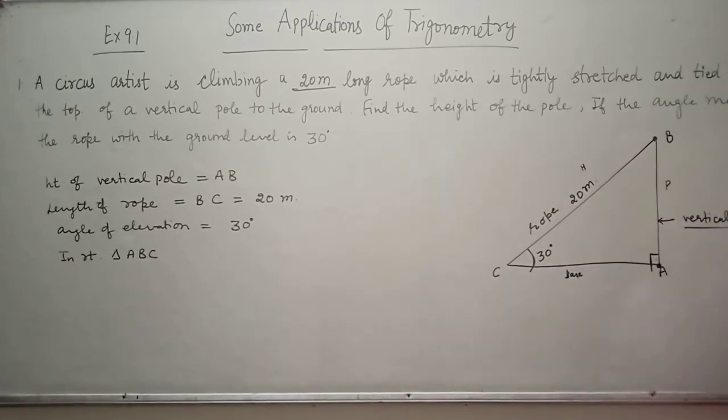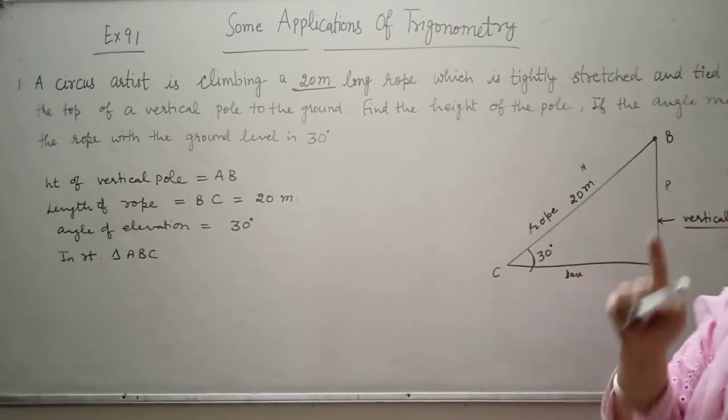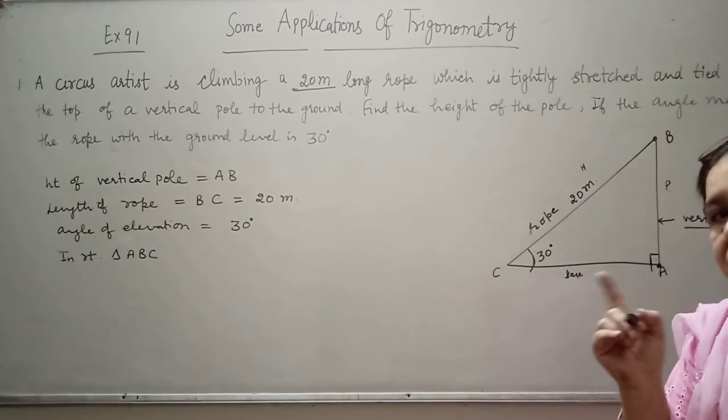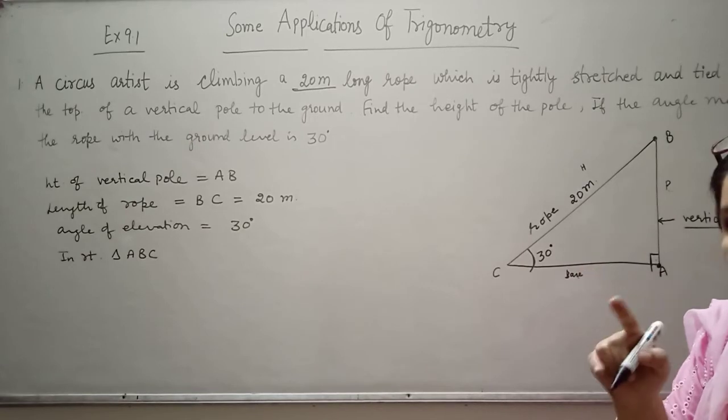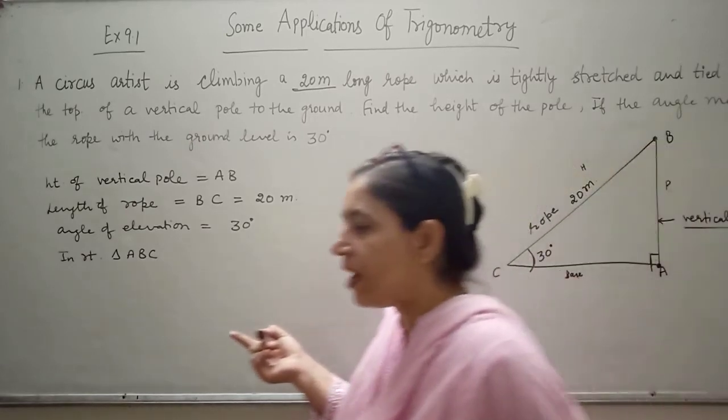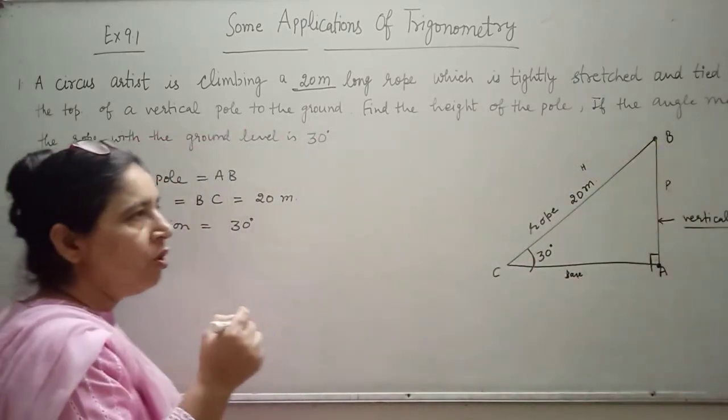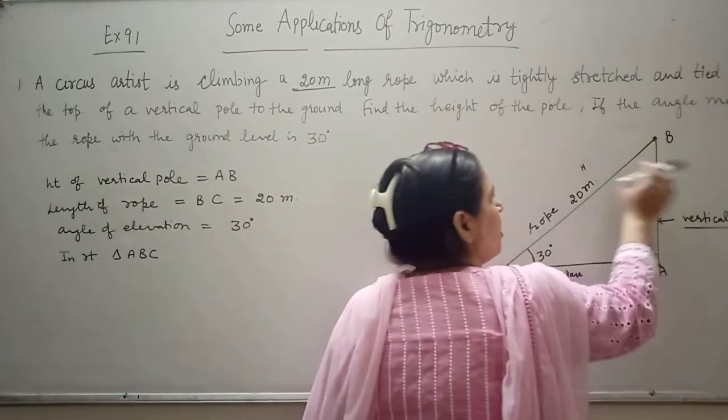Now you have been given hypotenuse and you are to find out the perpendicular. Which trigonometric ratio lies between perpendicular and hypotenuse?